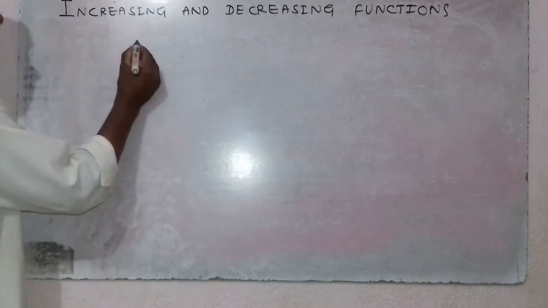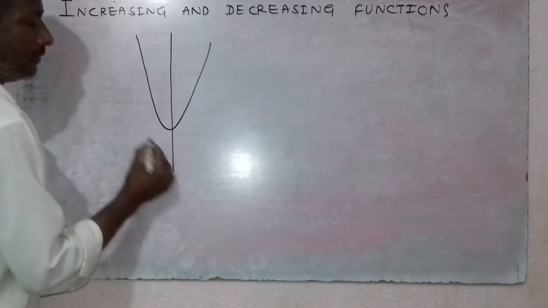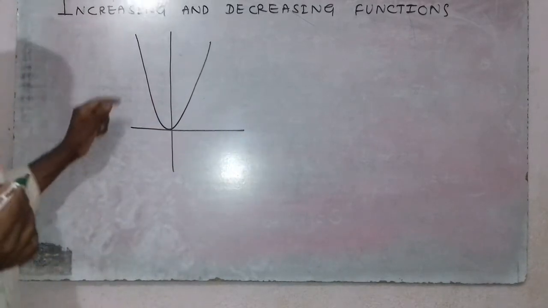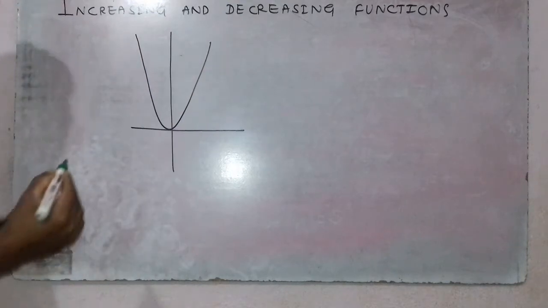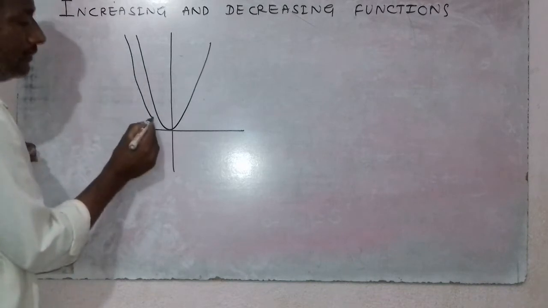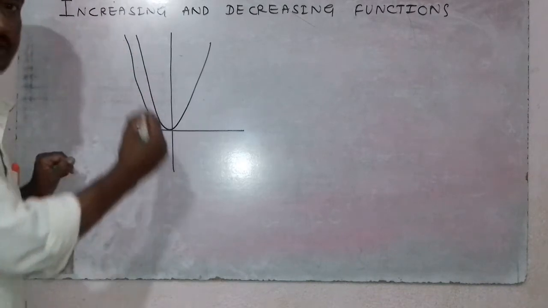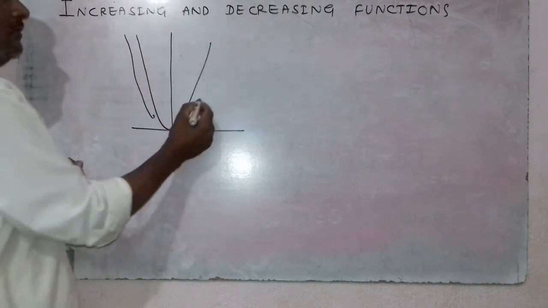Consider the graph y equal to x square, a parabola. Here from this to this the function is decreasing, and here the function is increasing.